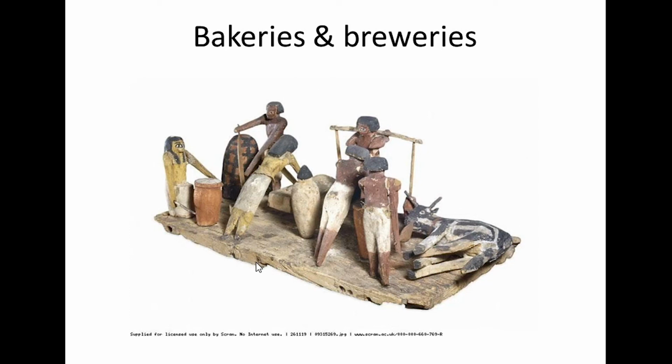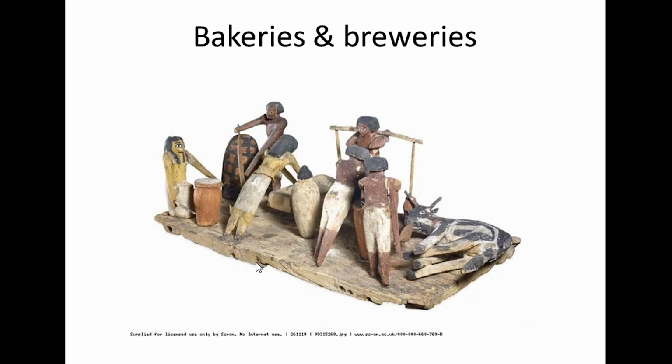If you couldn't quite afford to have a huge tomb with all of the real things placed in it for you, what you could do, Egyptians were quite pragmatic about their religion, and they were very religious, but they were quite pragmatic about it. Someone came up with this notion: well, if you made a model of those things and placed that in the tomb, that would come to life.